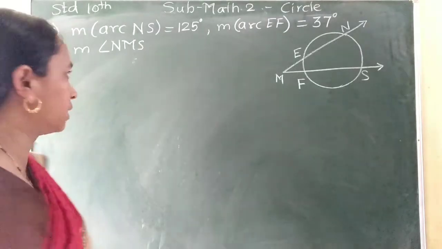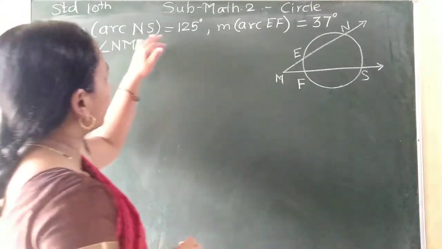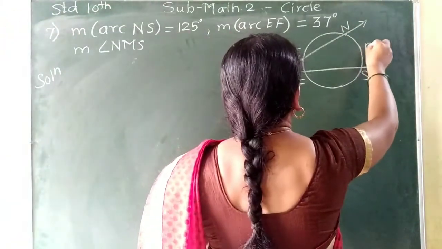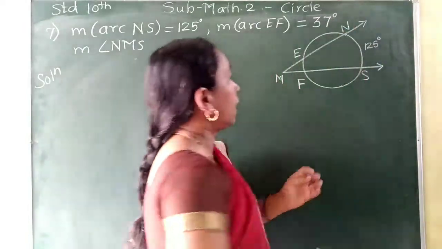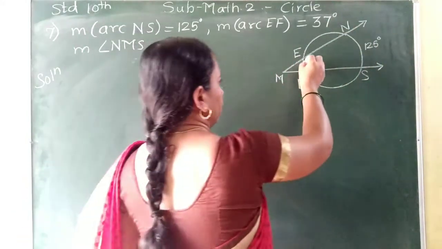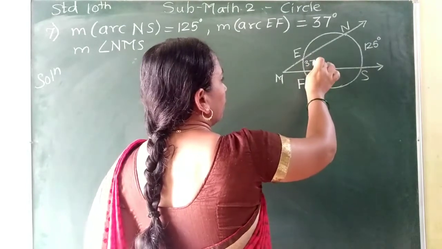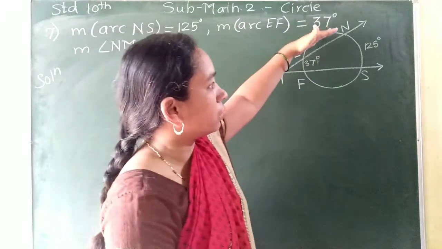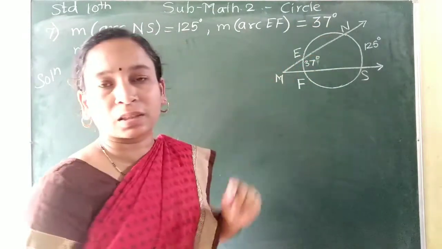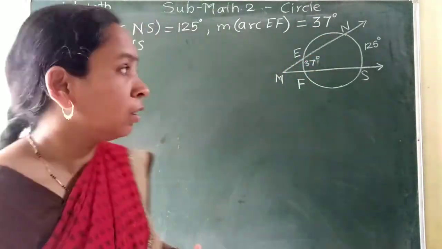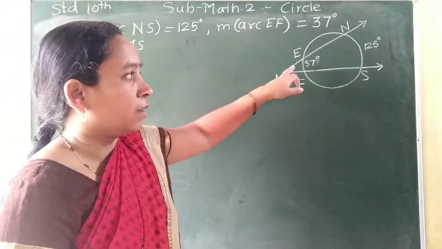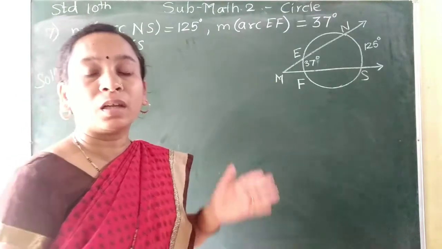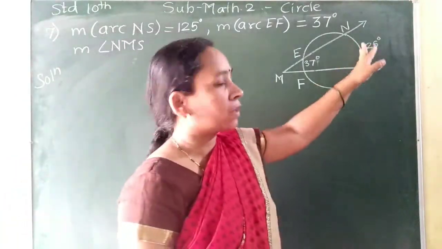Example: in this seventh example, arc NS is given as 125 degrees and arc EF is given as 37 degrees. Now both chords intersect each other externally, and if they intersect externally, then angle NMS is half of the difference of the intercepted arcs.